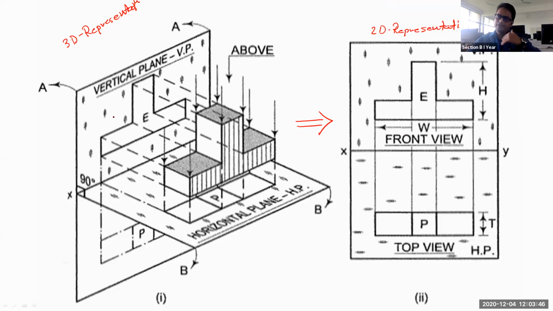The front view we have already discussed in the previous slide. If you look at the object from the top, this shaded or hatched region, this surface you will be able to see from the top. Along with these faces, this line you will also see. I'm highlighting it dark. This line you will be able to see.